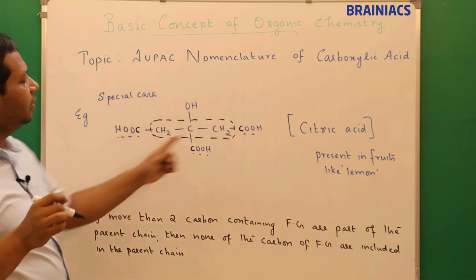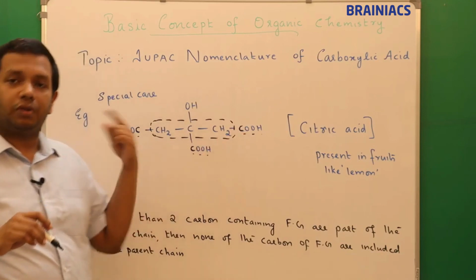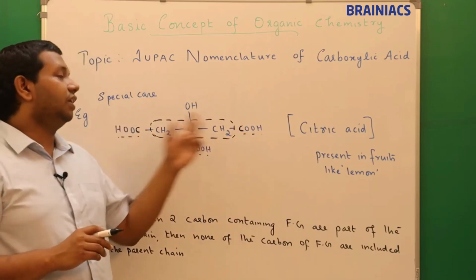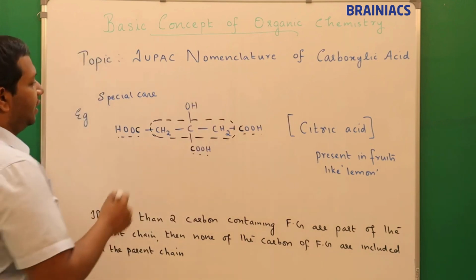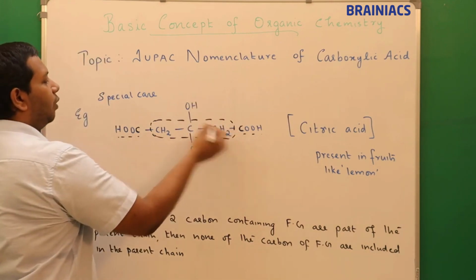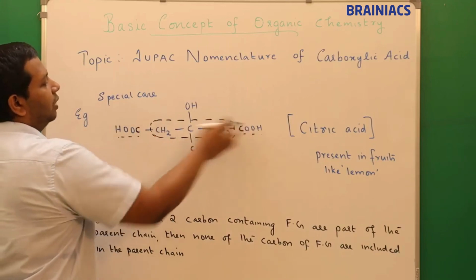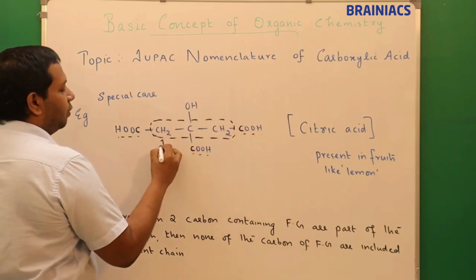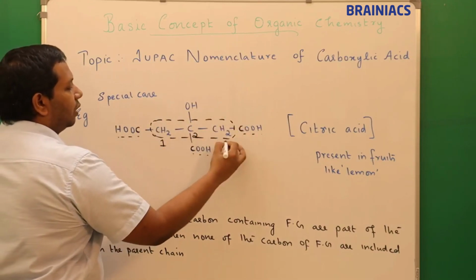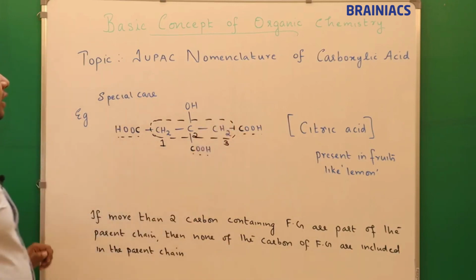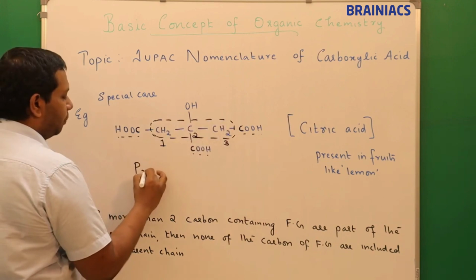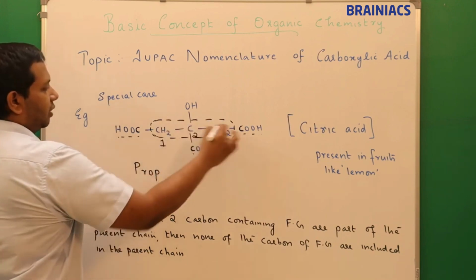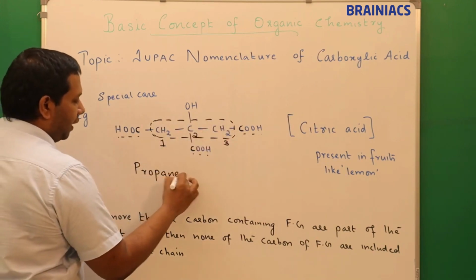Now you know that whenever the carbon of a functional group is not included, what suffix are we using? Carboxylic acid. So I can number it. If I number it from here or here, it is similar because all three have COOH. So 1, 2 and 3. The 3 carbons mean I will use the term prop. All are connected through single bonds, so I will use propane.